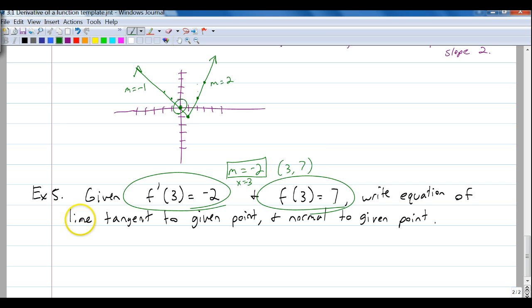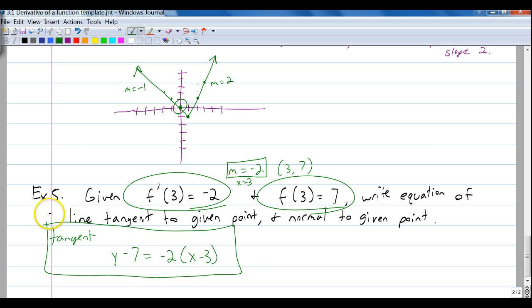So for my tangent line, we have the equation x minus the x coordinate. Nope, I'm already doing that wrong. Point slope form starts with y. So y minus 7 is equal to the slope times x minus the x coordinate. This is for the tangent.